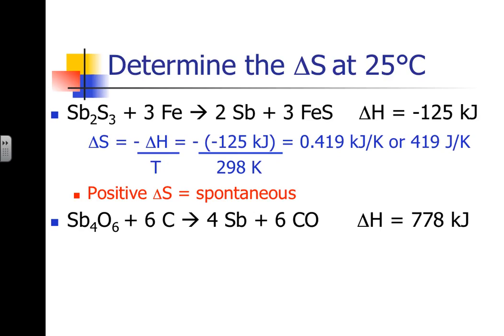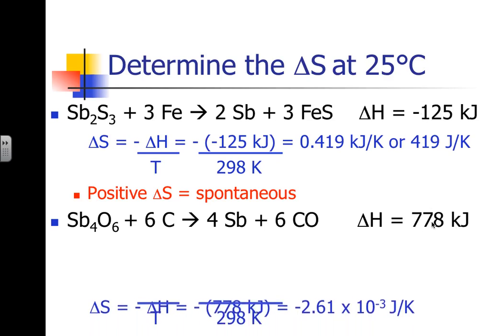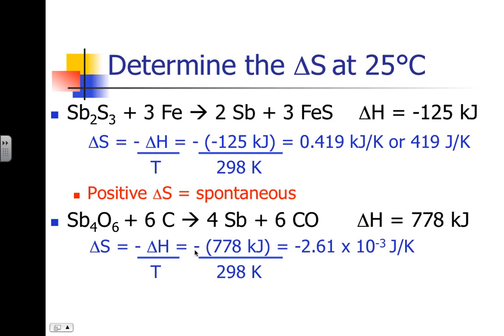In the next example, you may be able to figure this one out already. You had a negative up here, and now this is a positive. So when you factor that in, the negative now sticks. Taking my negative 778 divided by the 298, I'm going to get a negative value, and that, my friends, is not spontaneous.